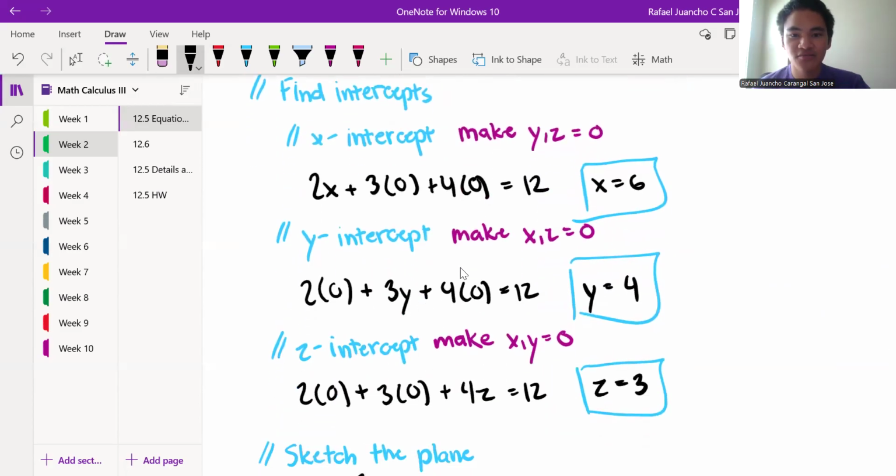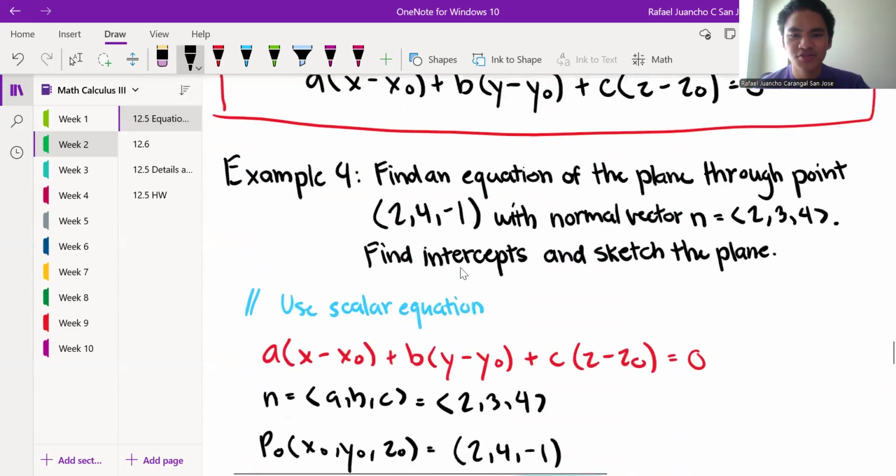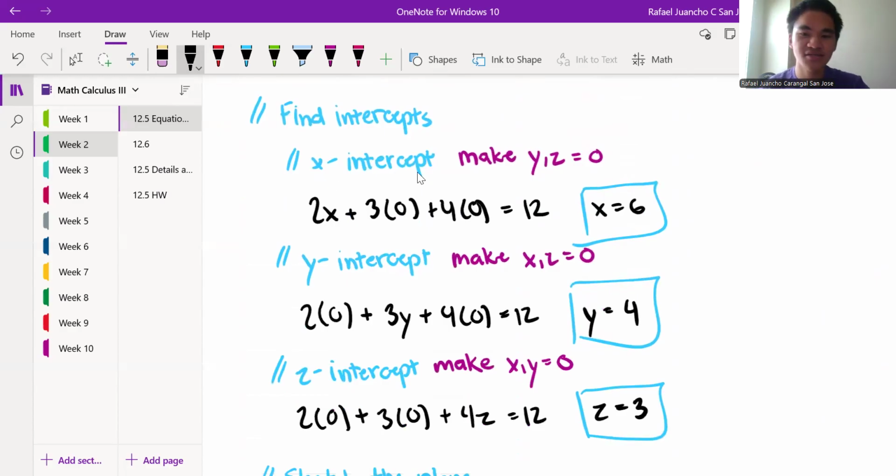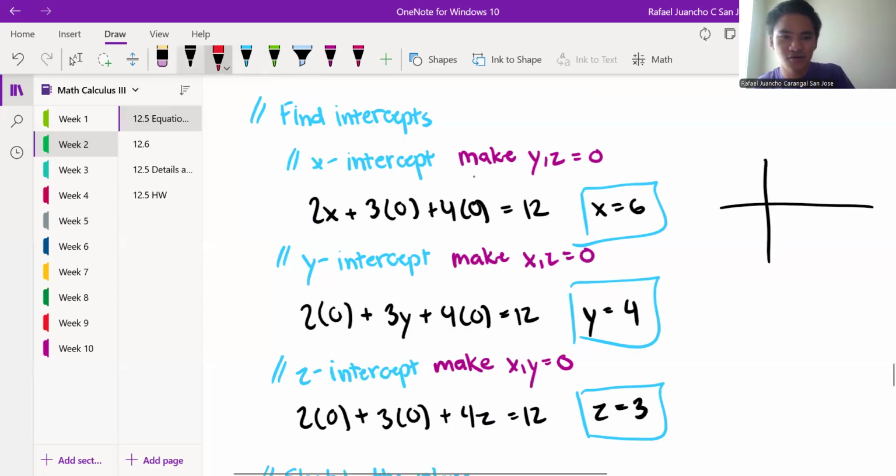Okay, now I think one of the questions was to find intercepts and sketch the plane. So if we want to find intercepts, then let's say the x-intercept, we just make y, z 0, right? Because if you remember in 2D, let's say this is y, this is x. This is a y-intercept because it intercepts the y-axis.